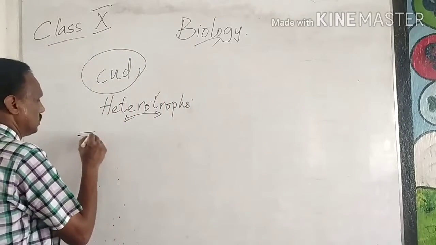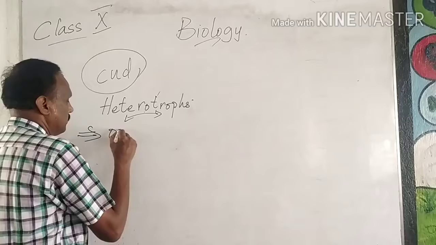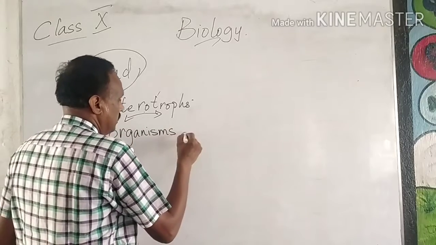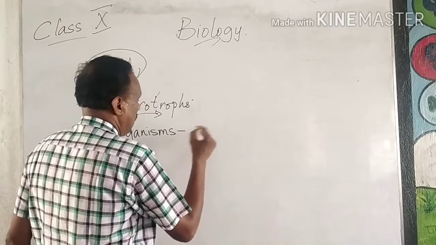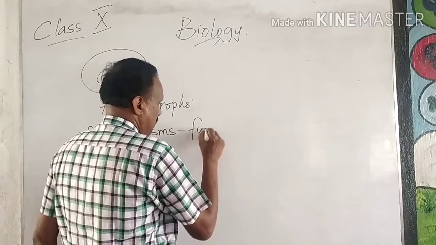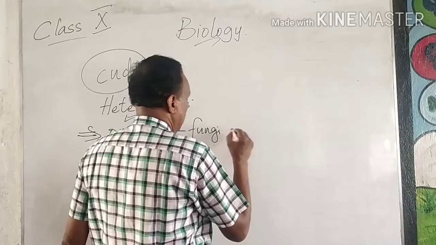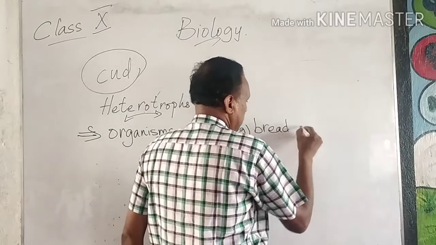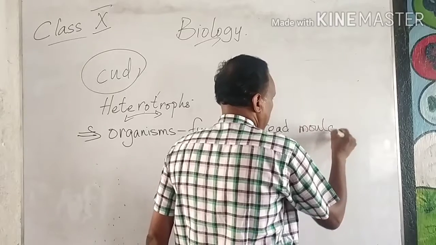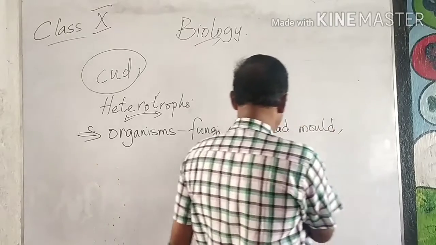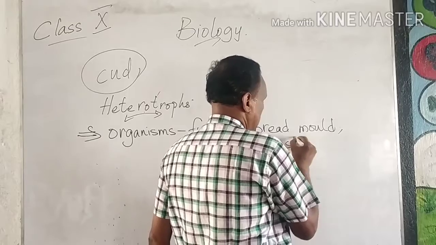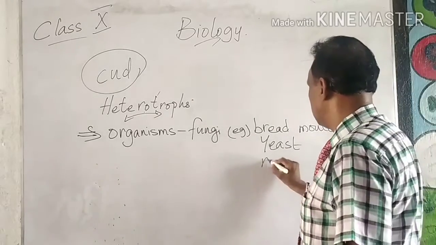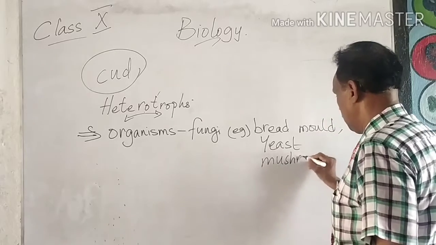For example, you see the first one. Some organisms, like fungi, for example, what is this one? Bread mold. Yeah, this bread mold, yeast, mushrooms and all.